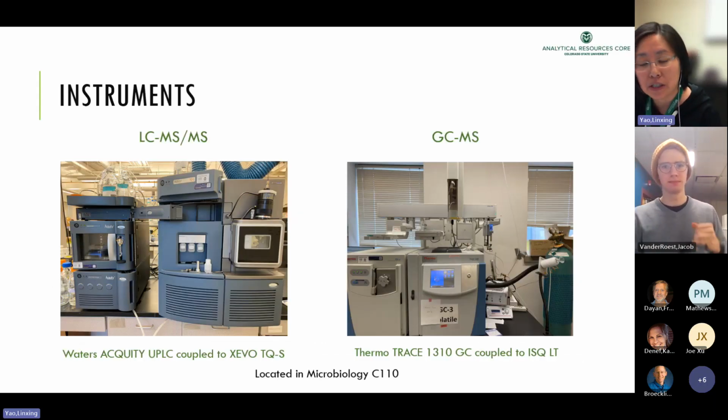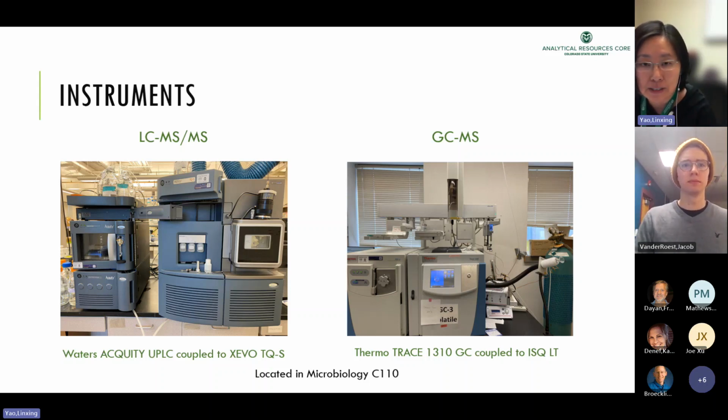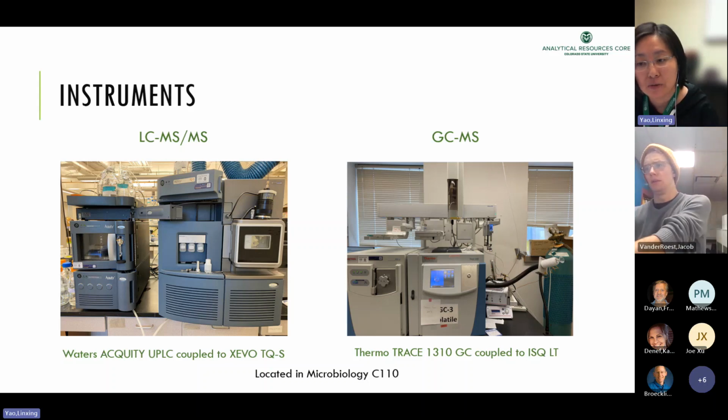So the commonly used instruments for running targeted analysis include LC tandem mass spec and GCMS. At ARC, we have a Waters Acquity UPLC coupled to a Xevo triple quadrupole, and also a Thermo GC coupled to a single quad. For today's talk, I will only focus on the LCMS and how it is used in our targeted analysis.